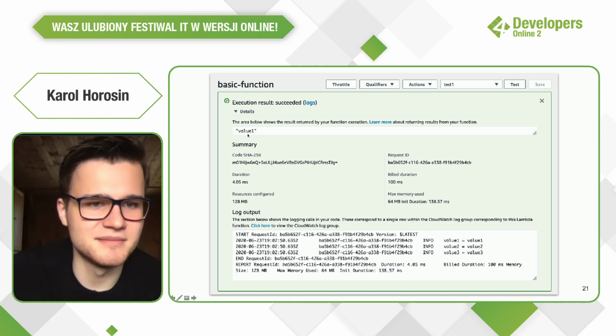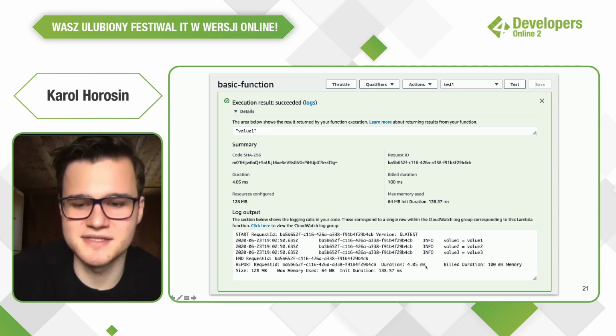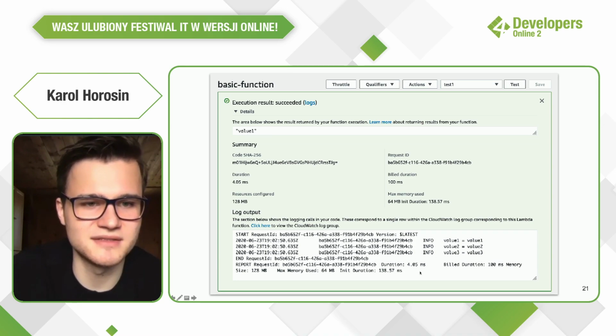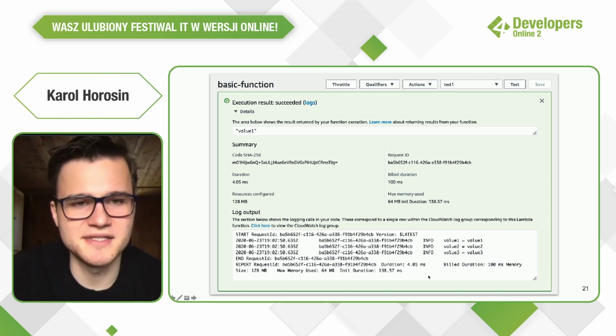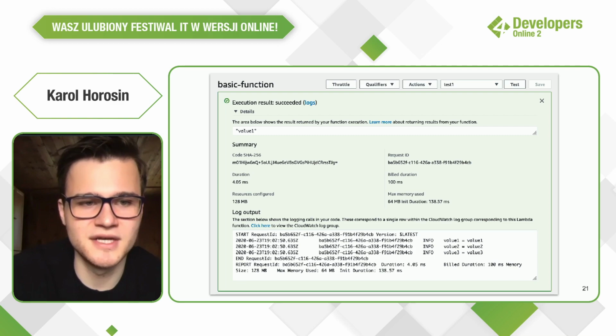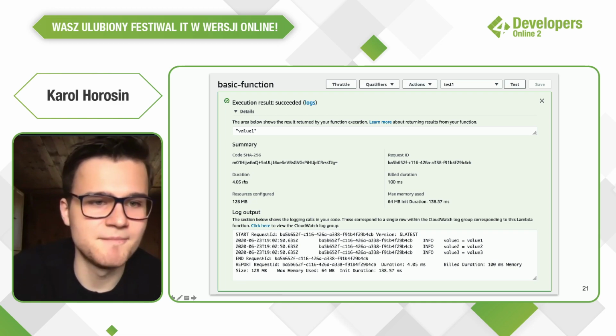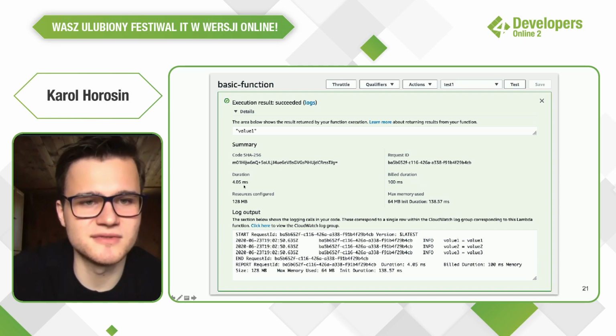Basically our Lambda executed, it returned the value 1 as was there in the code, and returned some logs. These are logs that are available for you in AWS CloudWatch later on, and everything you print in the function is going to be logged. You can see several things here.